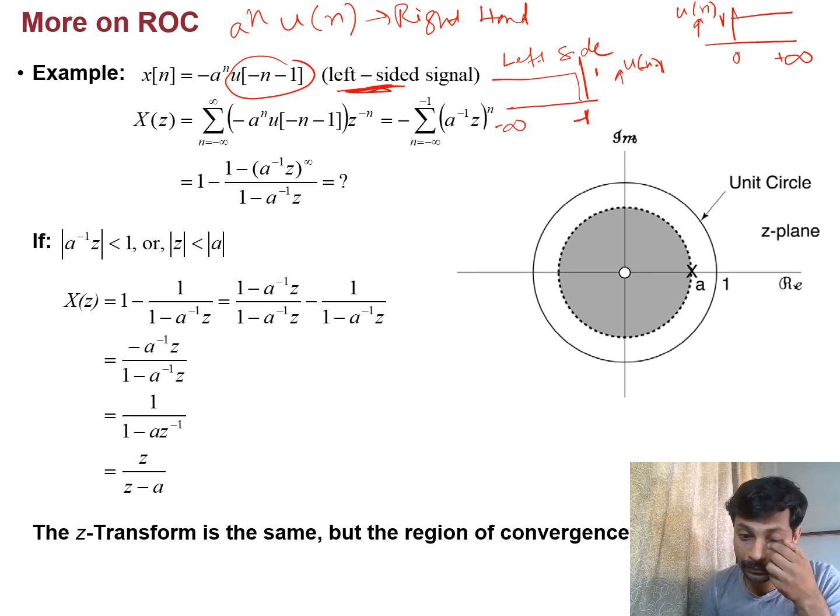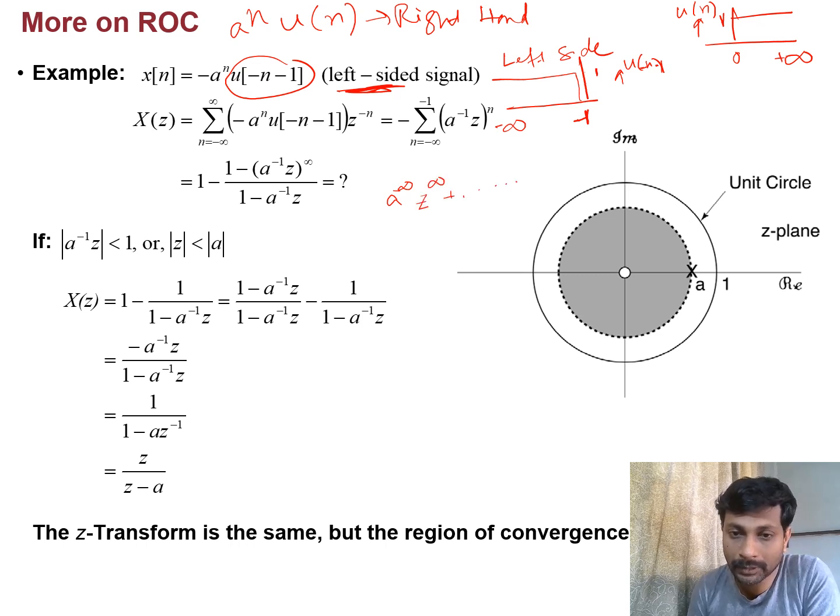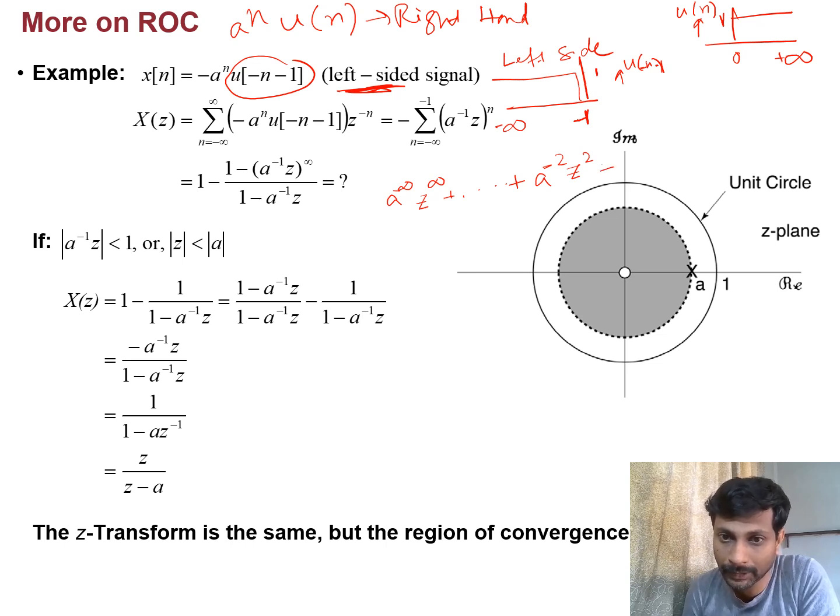If you break this, let us consider the first term, that is a to the power minus infinity z to the power infinity. Then you take n equal to say minus 2, so a to the power minus 2 z to the power 2. Then you take the next term, that is n equal to minus 1, so plus a to the power minus 1 z to the power 1.